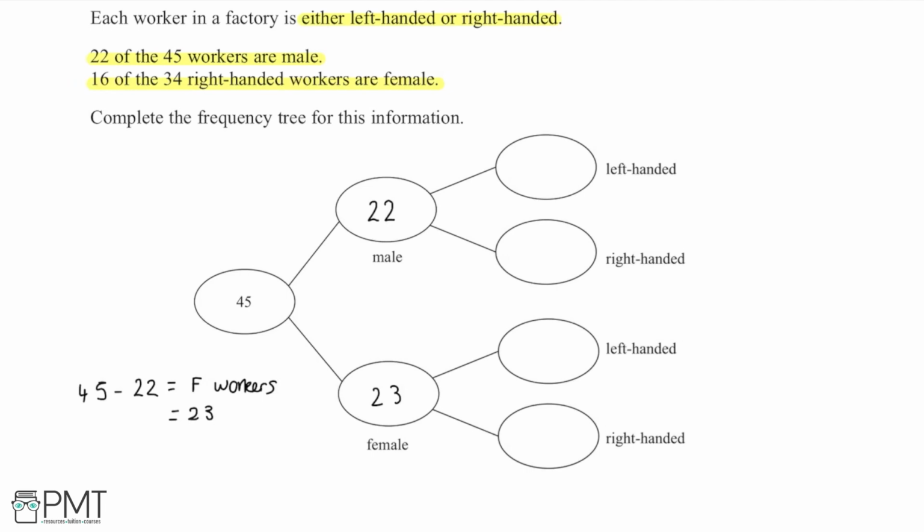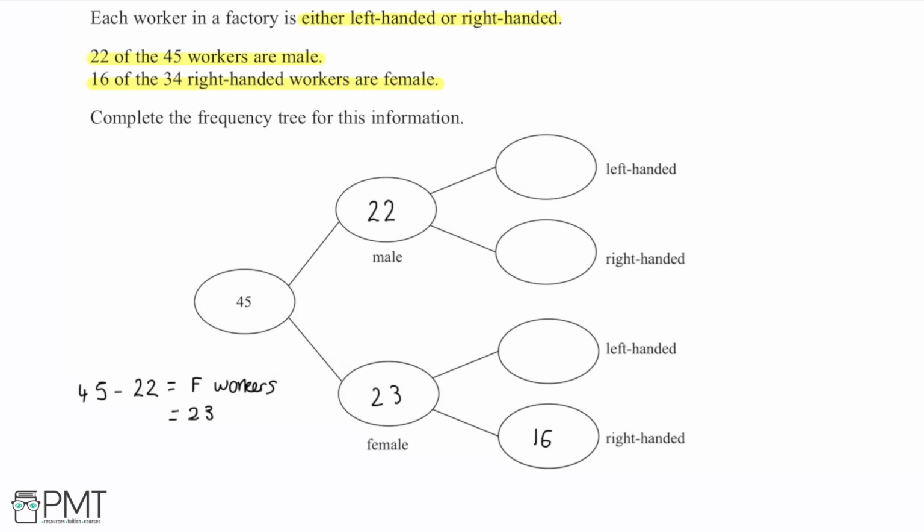Moving on, 16 of the 34 right-handed workers are female. So if we take female to begin with and go down to right-handed workers, there are going to be 16 of these because there are 16 right-handed female workers.